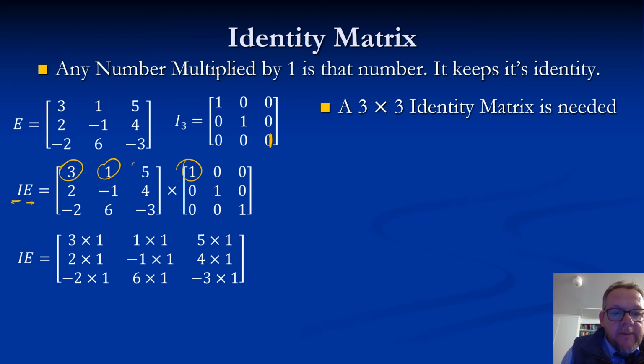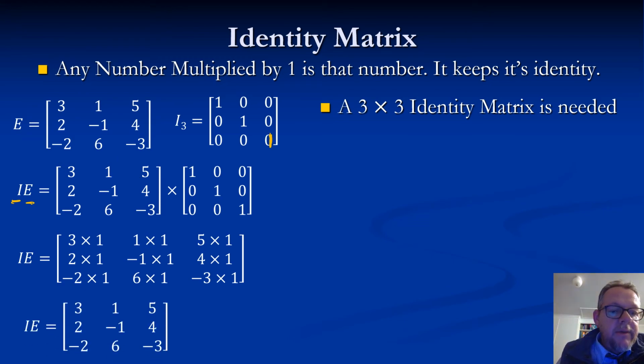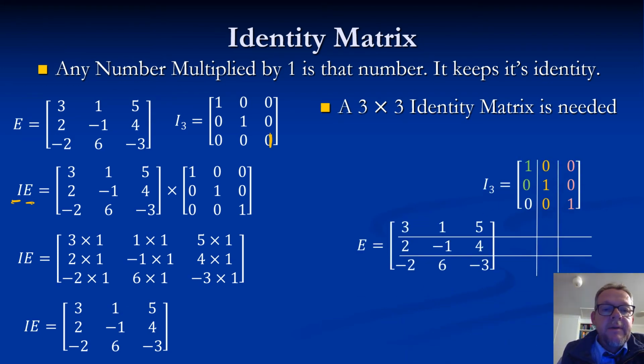I.e. 3 times 1 and 5 times 1, first row, first column, etc. And so the identity matrix multiplied by E is the same as what we put in. The point of an identity matrix is that, remember, any number multiplied by 1 is that number. So that number keeps its identity.